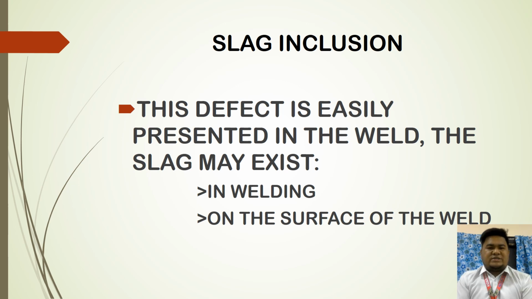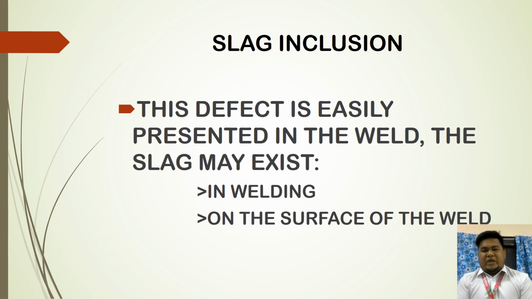Slag inclusion is a defect easily present in the weld. The slag may exist in two types. We can see the slag inclusion inside the welding or on the surface of the weld.